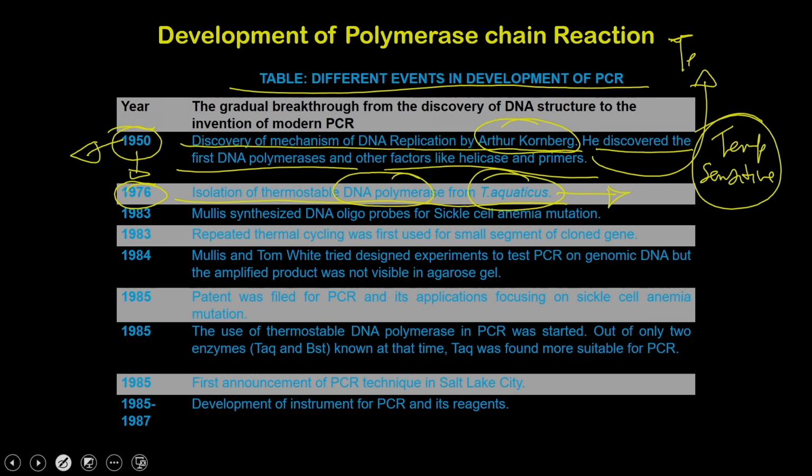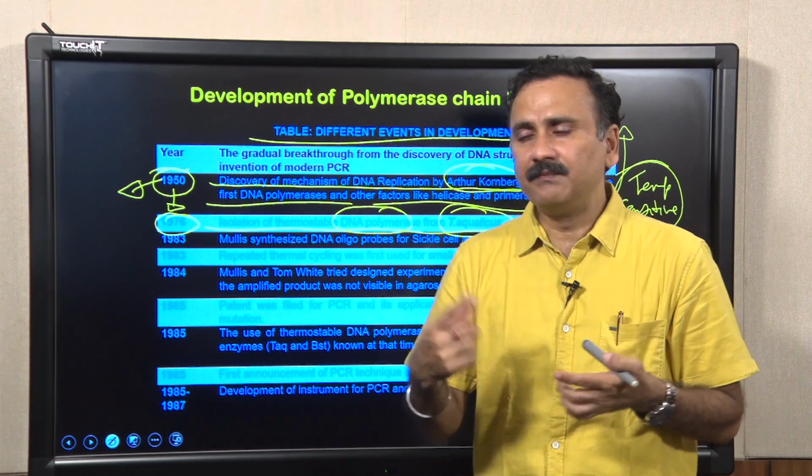That DNA polymerase is called Taq DNA polymerase, and it is very stable. It can withstand a temperature of 95 degrees Celsius, which means you can use this enzyme over multiple rounds, and you do not need to add the enzyme for every cycle you continue.